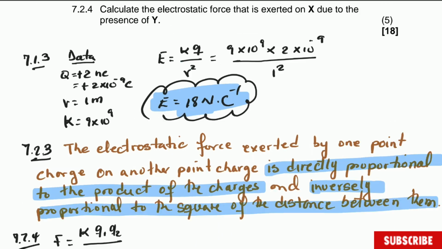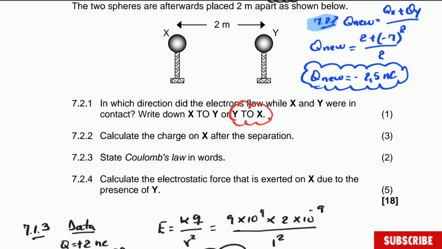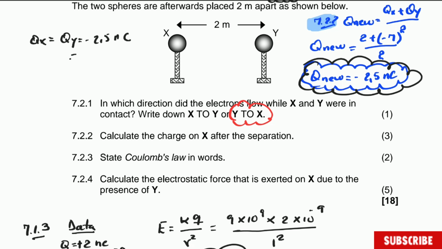All you need to notice is that after separation, each of them will have a charge of negative 2,5 nanocoulombs. So you have to convert charge X, which is equal to charge Y, which is equal to minus 2,5 nanocoulombs, which is 2,5 times 10 to the minus 9 coulomb.